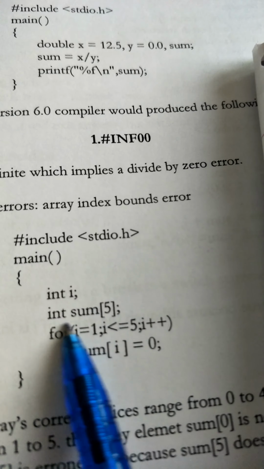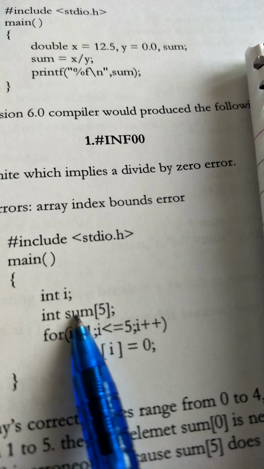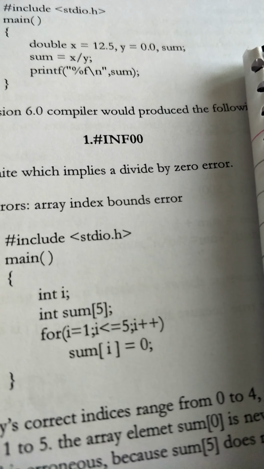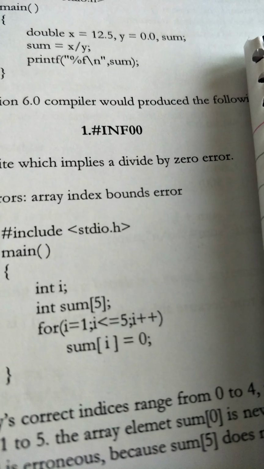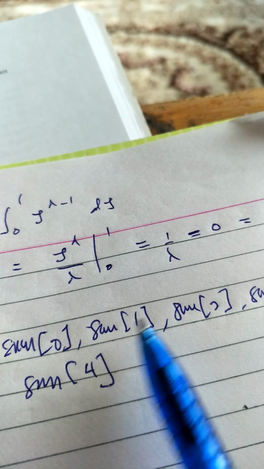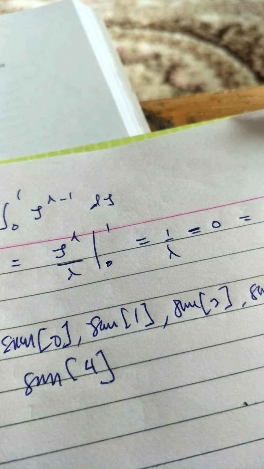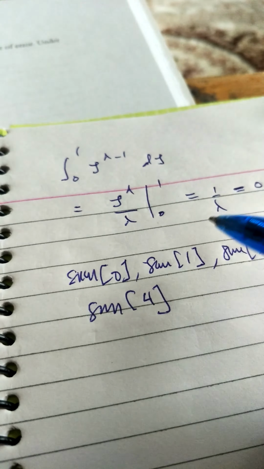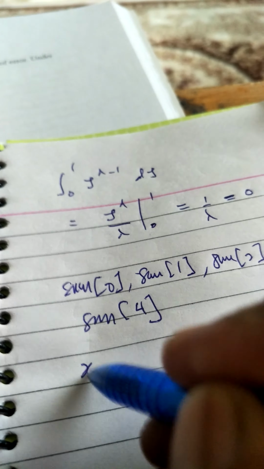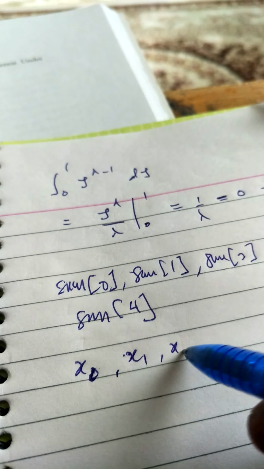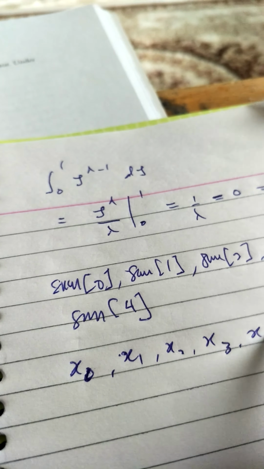This is where we declare sum 5, which means we assign 5 variables. For the time being, you accept that they are 5 variables with the same name but different index. Each of sum 0, sum 1, sum 2, sum 3, sum 4 gives you a different variable. We use an index or subscript, like x0, x1, x2, x3, x4.